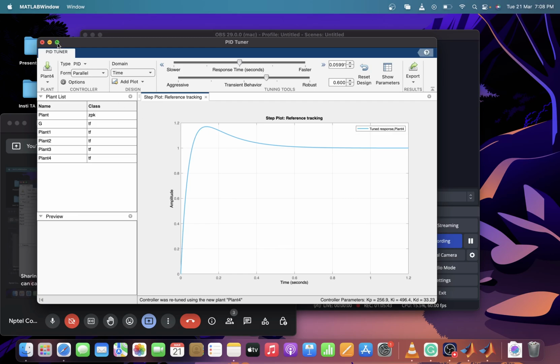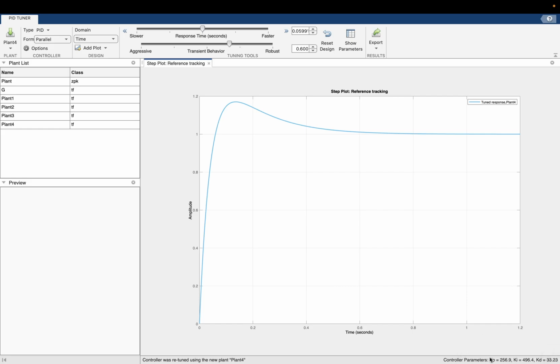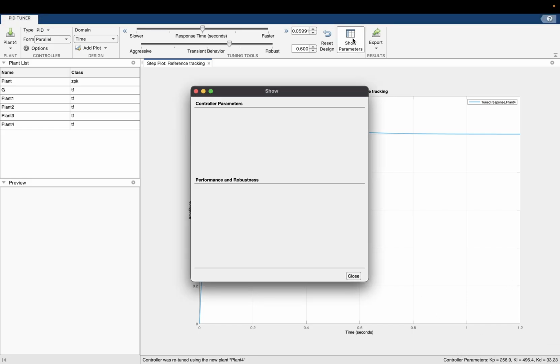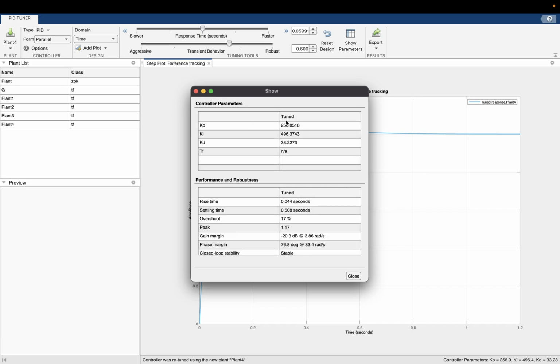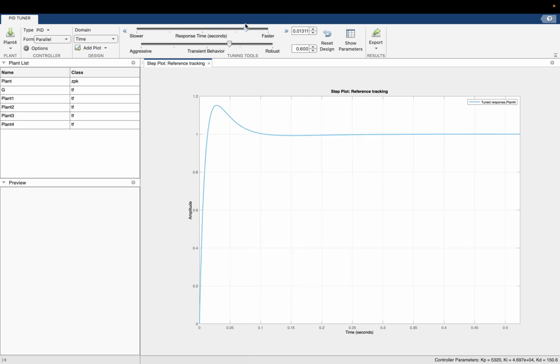So if you see, the KP values are given here. Maybe it's not visible. I don't know how to zoom in with this, but yeah, I'll show parameters here. So the controller parameters are huge. KP is 256, 496 and 33. But yeah, so now I can change the response time. If I want to make it faster, I'll just slide it.